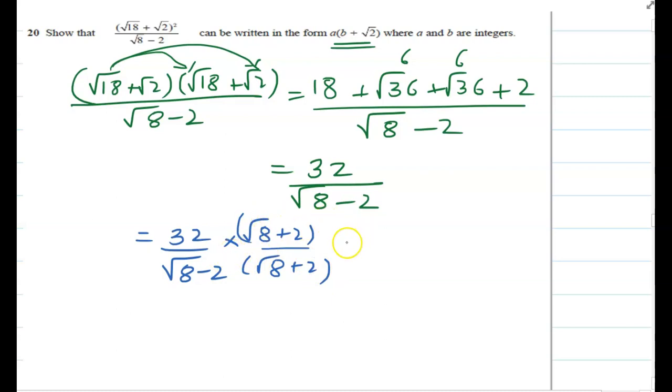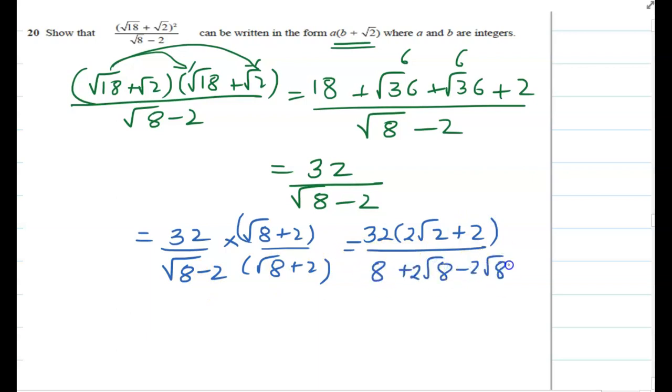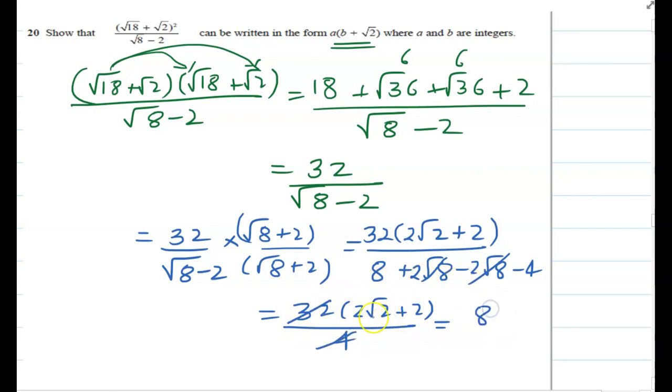Once we multiply it, root 8 we can write as 2 root 2, and that is 2. And in the denominator, if you multiply, it will be 8 plus 2 root 8 minus 2 root 8 minus 4. So this is cancelled. So we got 32 times 2 root 2 plus 2, and 8 minus 4 is 4. Okay, now if you cancel it, you get 8, and 2 you can take out from here, right?